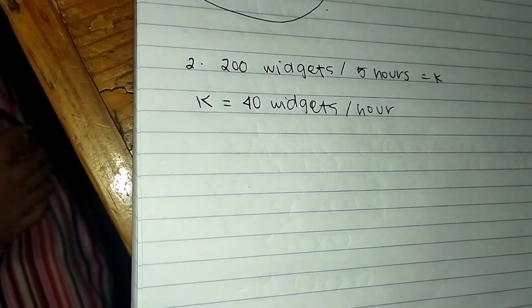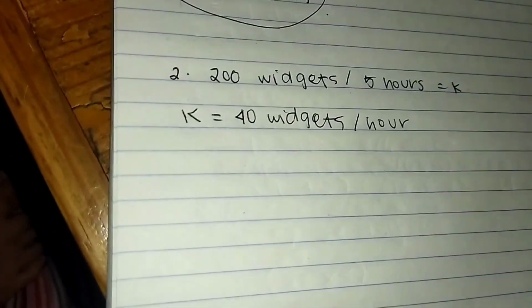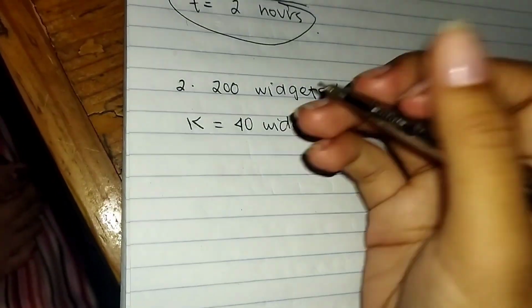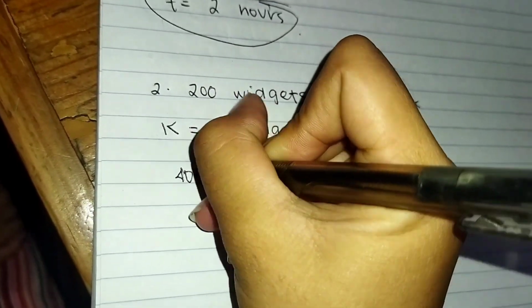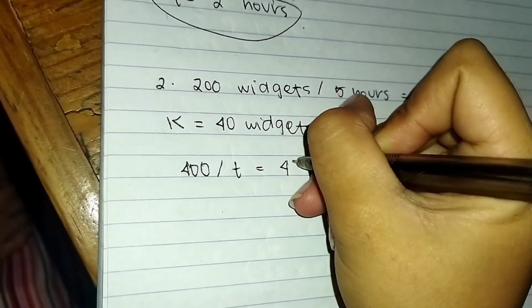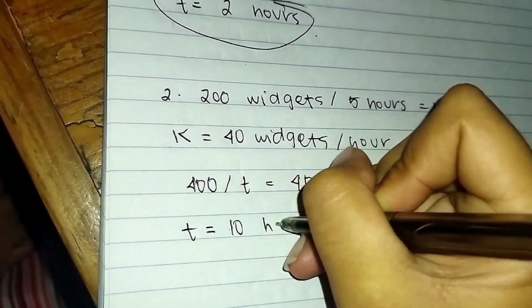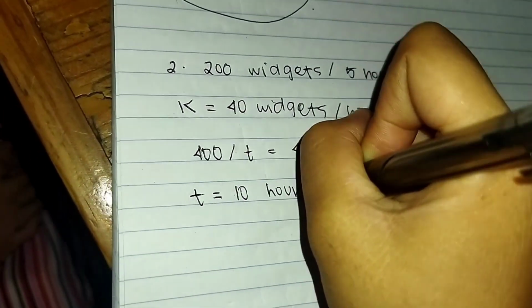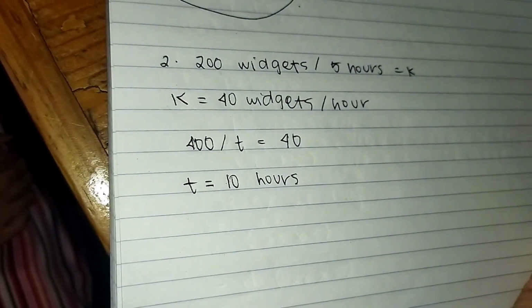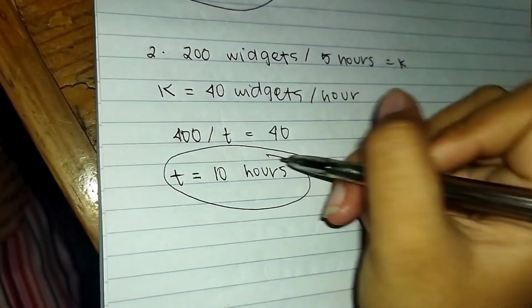To find the time it takes to produce 400 widgets, we can use the same constant of proportionality. So 400 divided by time is equal to 40. The answer will be 10 hours. Therefore, it will take the machine 10 hours to produce 400 widgets using the same method.